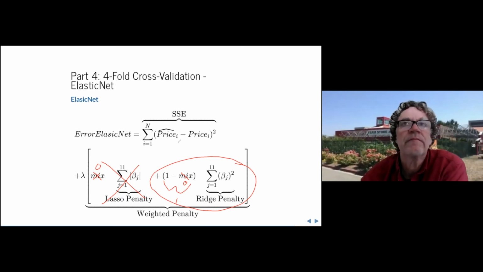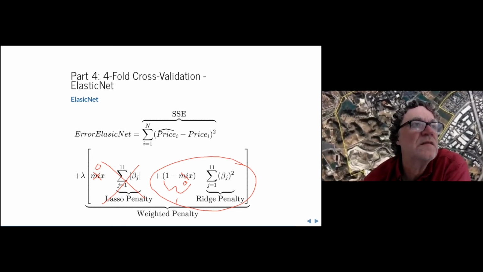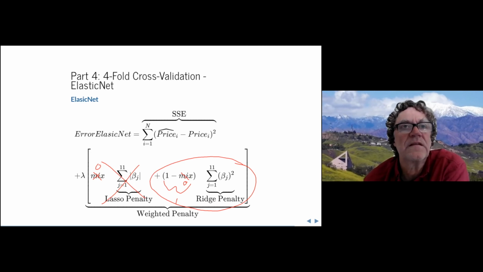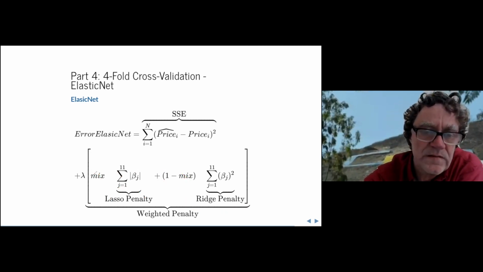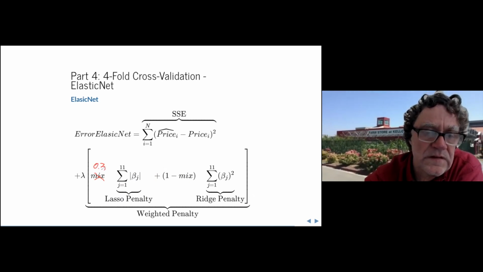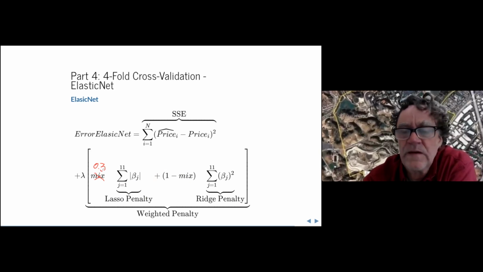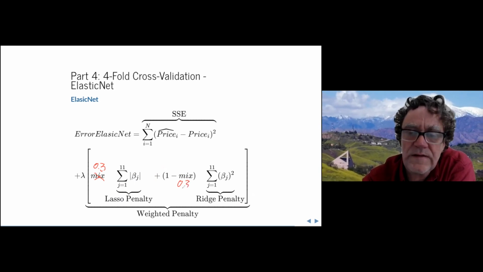Okay. Well, the obvious question is, what if I choose something in between? Let's say I choose mix 0.3, then this one would be 0.3.